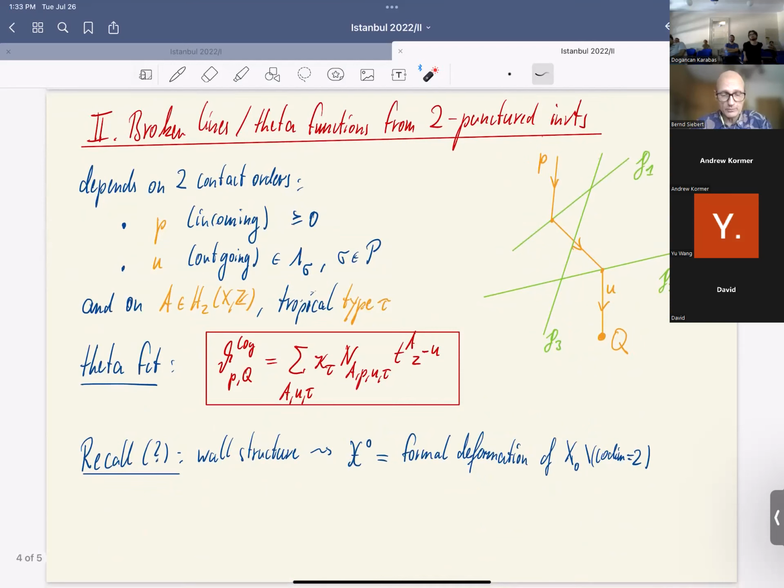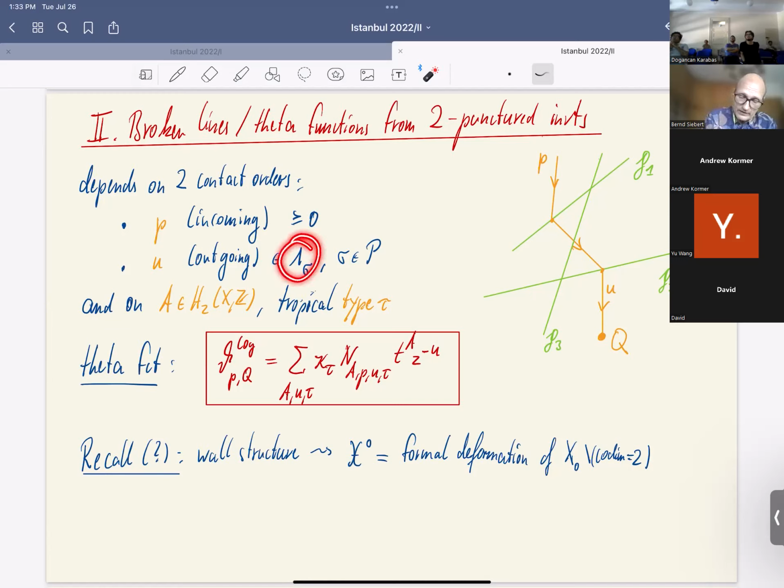And then the broken lines that give you theta functions come from two punctured invariants, right? So we have one contact order which tells you how this is coming in, then you maybe bend, and then you need an endpoint. The P will be an incoming point. Well, it looks like incoming, but depending on your sign convention, it's a positive input, but the outgoing point may be positive or negative.